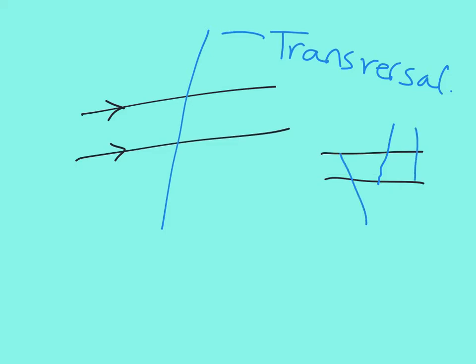It can even go through where there is a 90 degree, but you know that those are perpendicular. But those blue lines are still considered transversal, or it can cut all the way through. So you have to kind of look out for, again, those key symbols. You always have to find those little guys, okay?